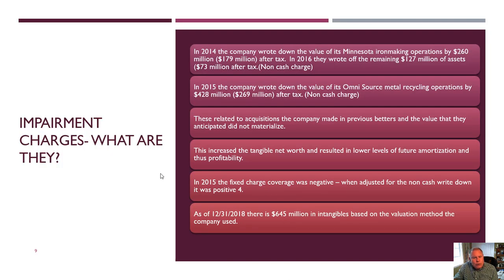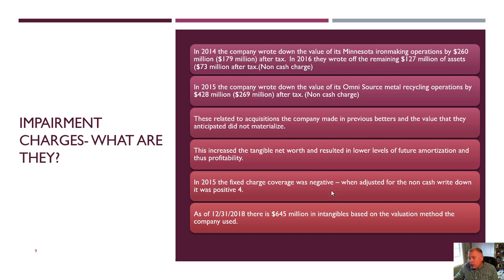Impairment charges, what are they? Well, in 2014, they wrote down something. It was a non-cash charge. They wrote down the value of another recycling operation. And they related to acquisitions in previous years, and the value that they anticipated did not materialize. This increased the tangible net worth and resulted in lower levels of future amortization and profitability.